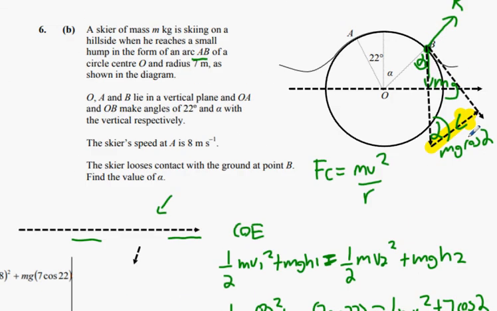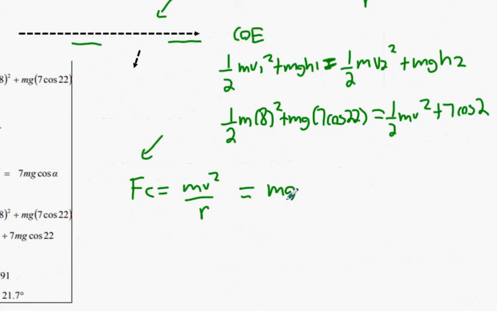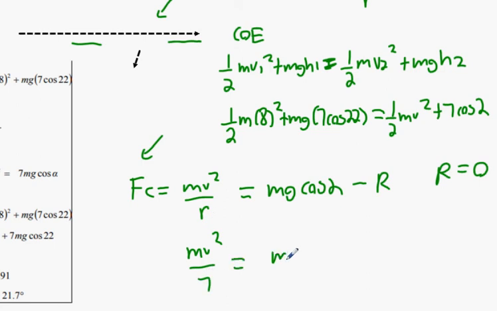Going towards the centre of the circle is your mg cos alpha, but then you've got to take away your R value. At the point of contact, what happens when you lose grip? R equals 0. So now you have mv squared over 7 equals mg cos alpha.